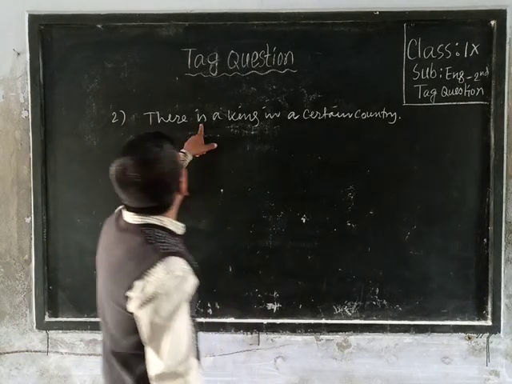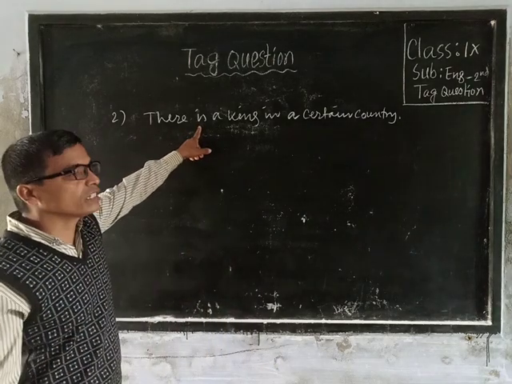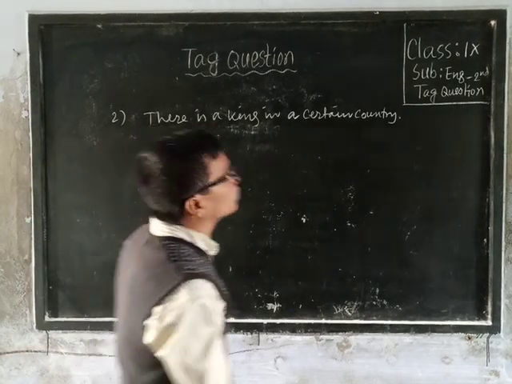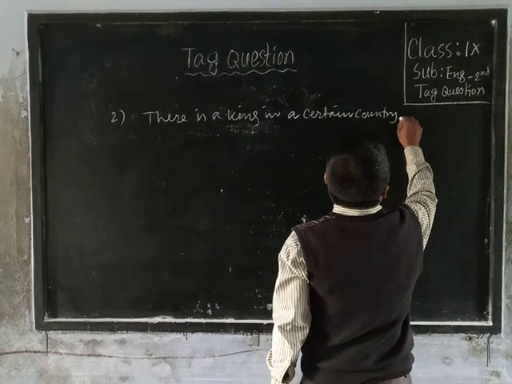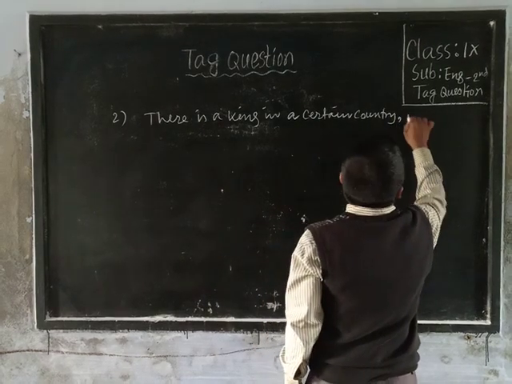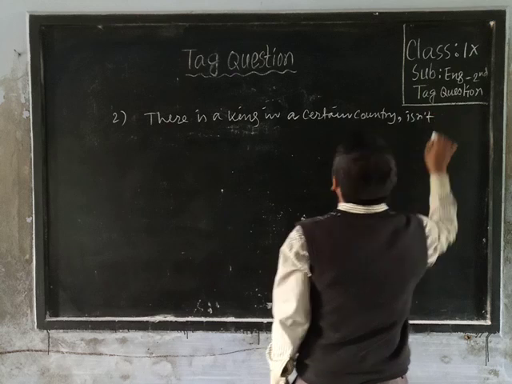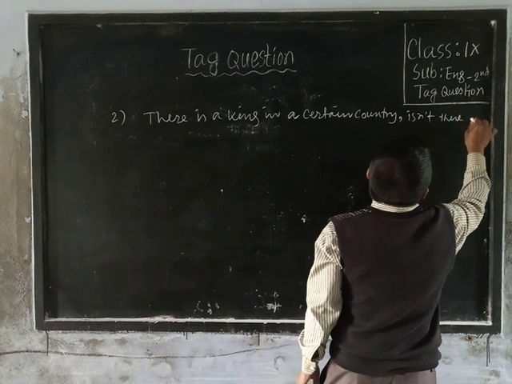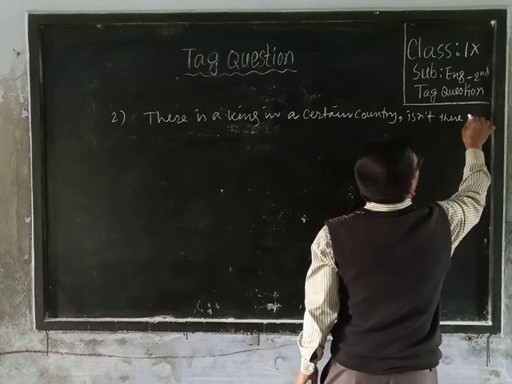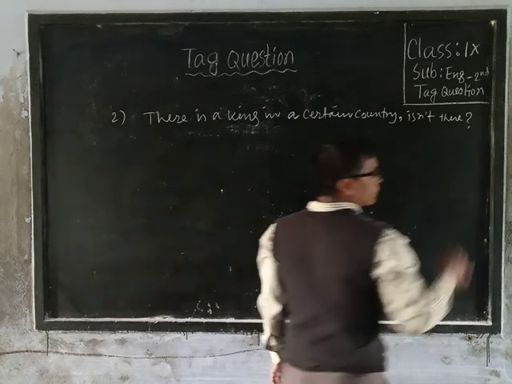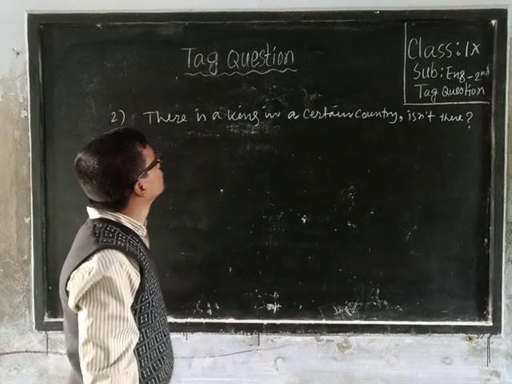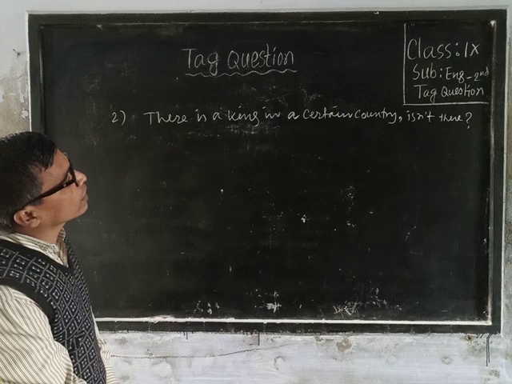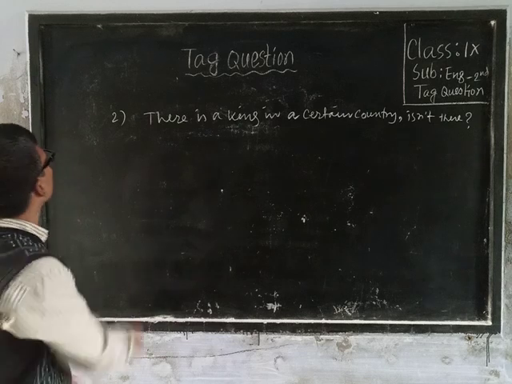So there is an auxiliary verb here, and the sentence is affirmative, so we will use a negative tag, that is isn't, and after that there, and at the end of the sentence there will be a note of interrogation mark. So the answer is: there is a king in a certain country, isn't there?